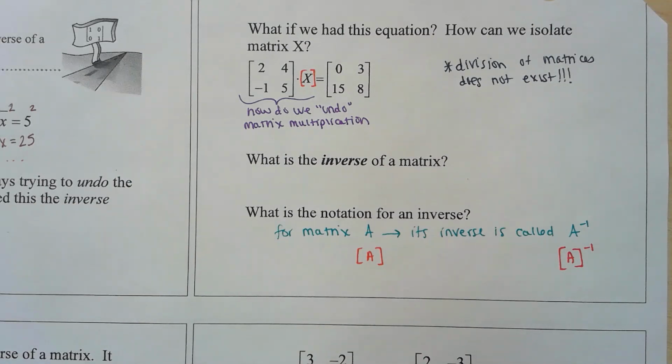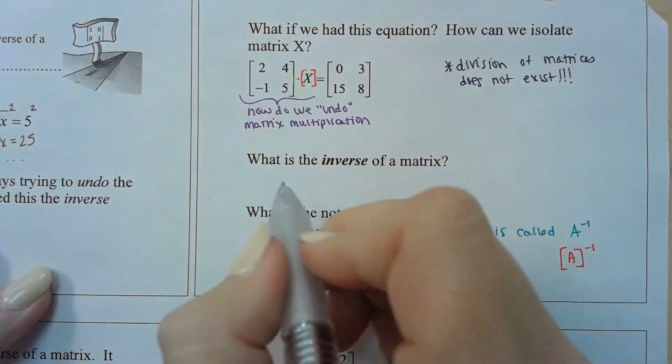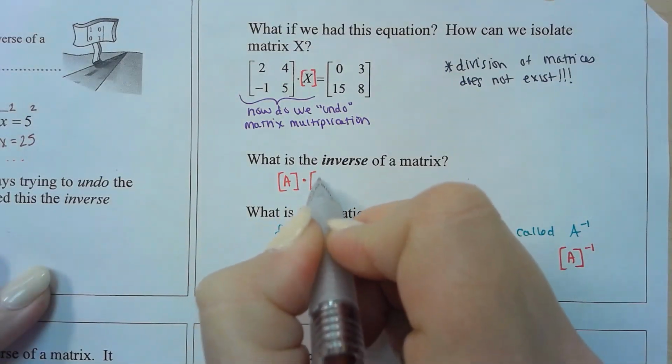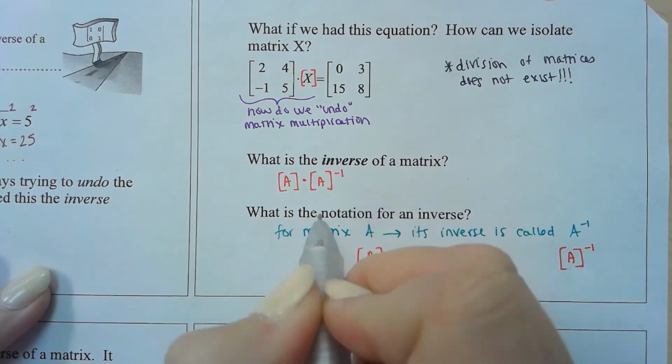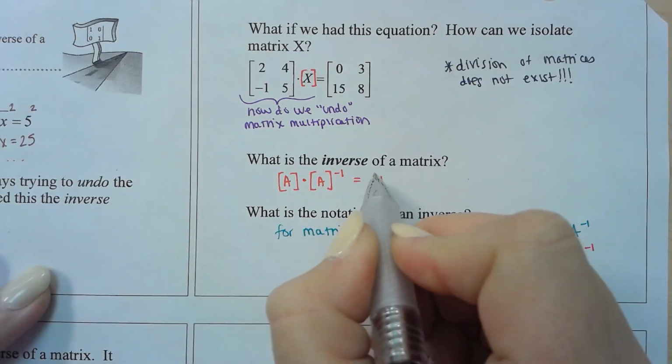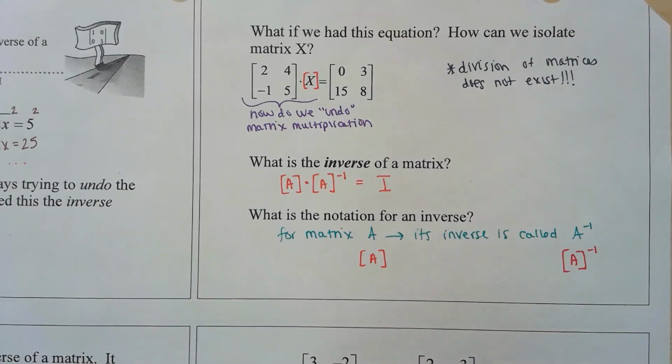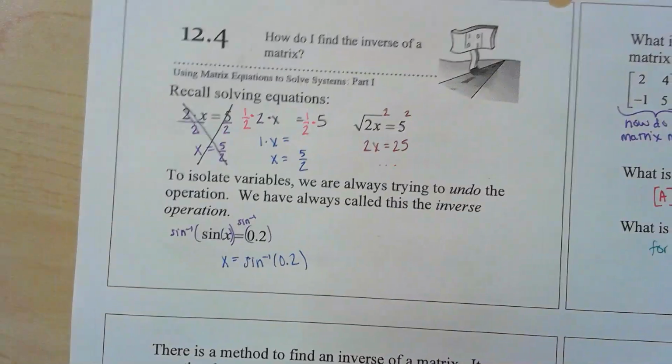Okay? So, now, what is the inverse of a matrix? Kind of like what we said earlier with the 2 and the 1/2. If you multiply matrix A by its inverse, you will get the identity matrix. That is truly the definition of an inverse in the matrix world. I'm going back, I know.